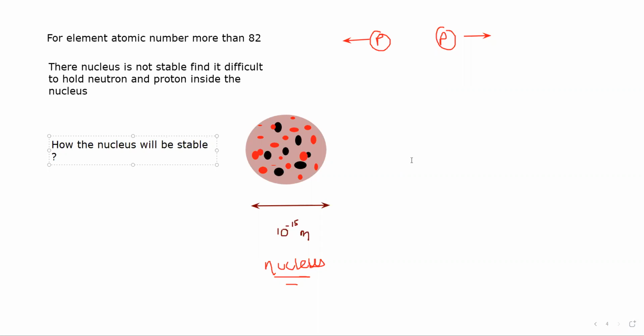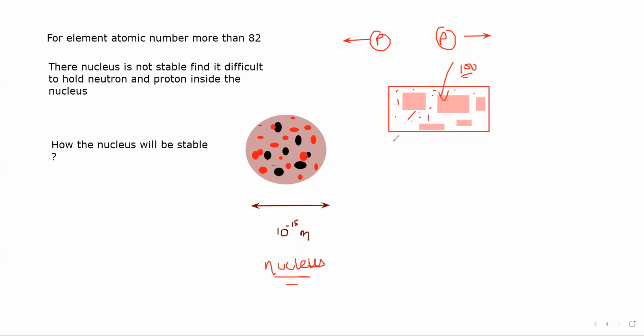So how will the nucleus be stable? By releasing particles. Basically, neutrons are occupying the space. If you have one room, and that room has furniture, the furniture is like an example of neutrons, and there is a gathering, the people are inside the room. If the capacity of the room is say 50 people, but 100 people enter, then what will happen?